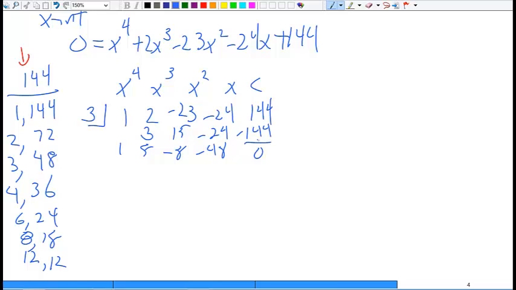Okay, and that would translate into x cubed plus 5x squared minus 8x minus 48.